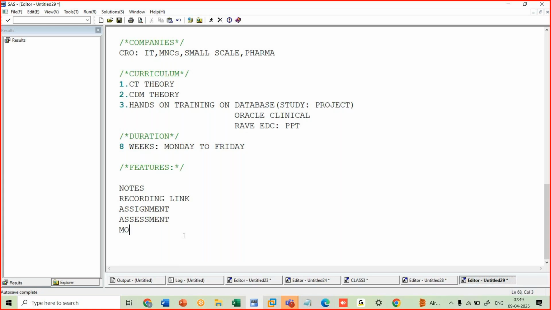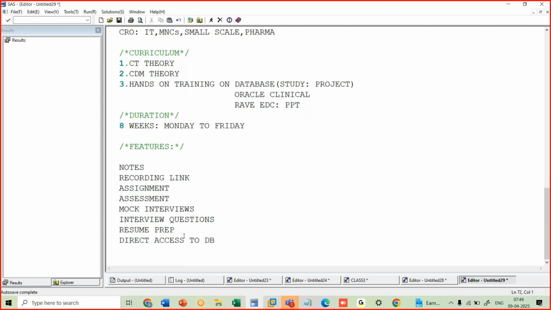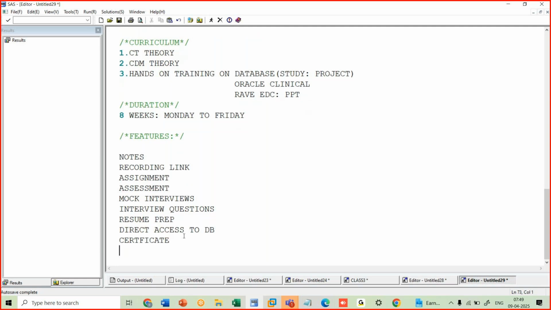Mock interviews, interview questions, resume preparation will be done. Direct access to the database, and a training certificate will also be provided. So these are the features of the training.